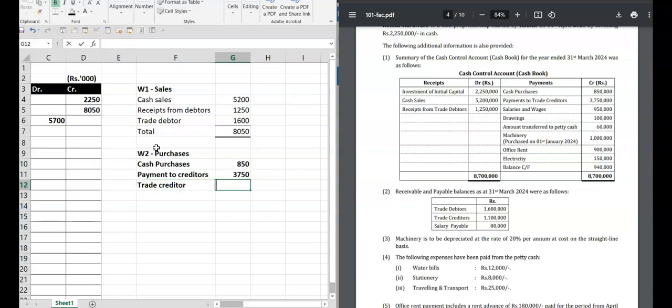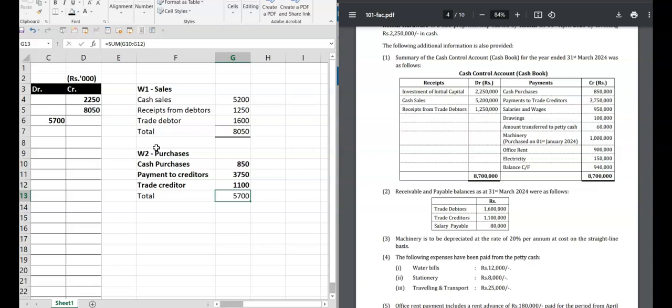Trade creditor balance 1,100. So in total you get 5,700. So this is that. Okay, so working 1, working 2.